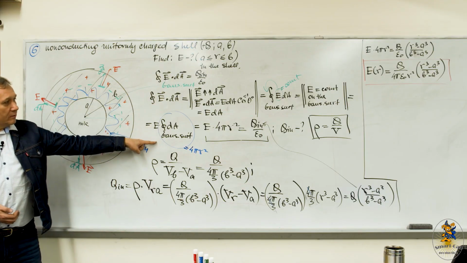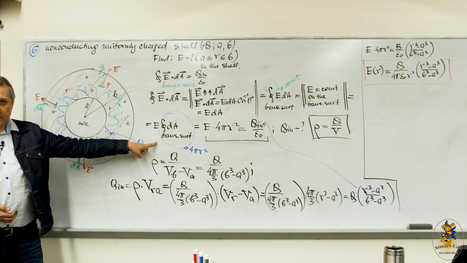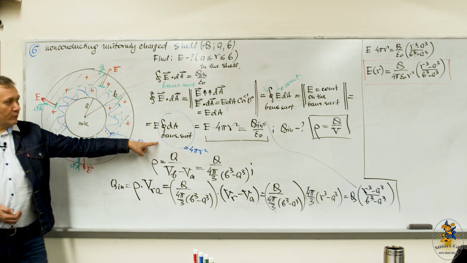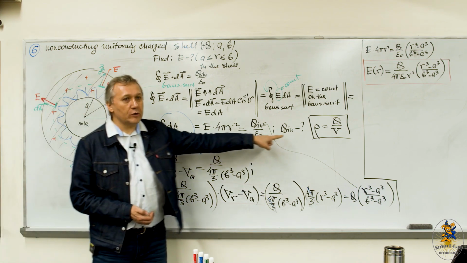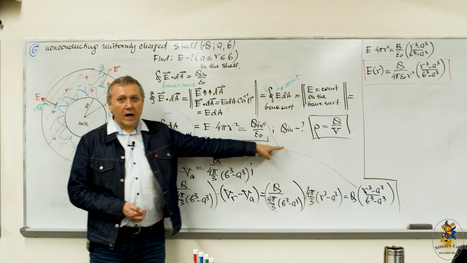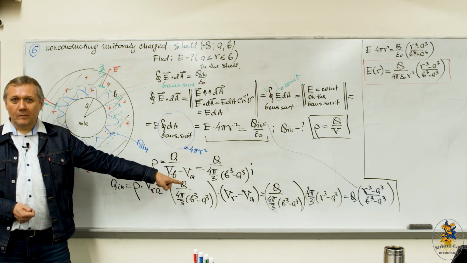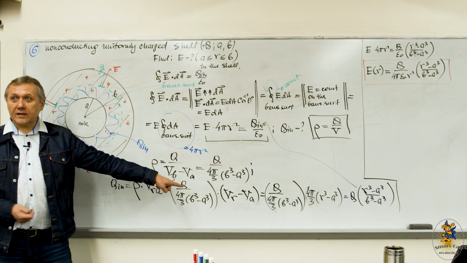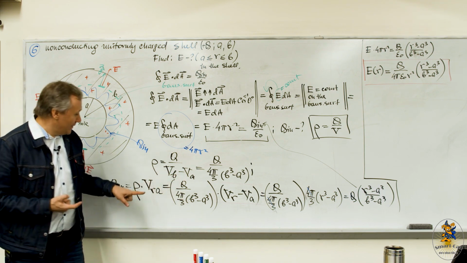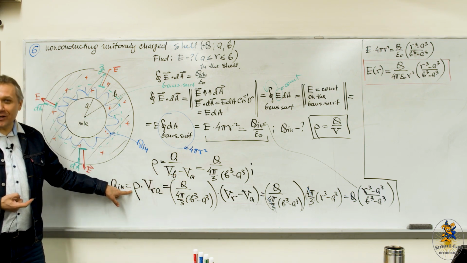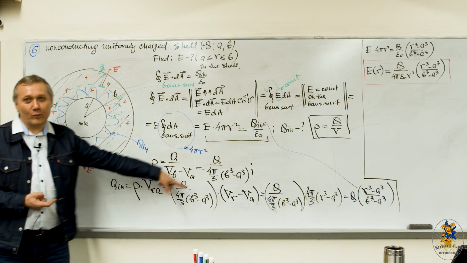Essentially, this part will be exactly the same. The symmetry is the same. So pretty much up to this point, everything will be the same. So then Q enclosed: how will Q enclosed be different? Exactly. We just need to add additional charge over here. That charge at the center will be Q plus all this mass.